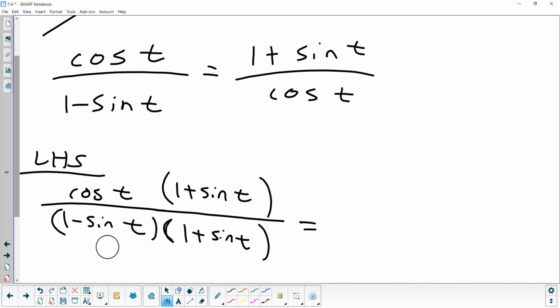But the bottom is conjugates. Multiply those together. Don't do anything else in the problem. Keep the top exactly the same. And if you're thinking, well, isn't the top a distributive property? Should I distribute it? You're right, it is a distributive property. Don't do it. If you do it, it's going to end up worse. And you'll see why. So leave it just the way it is.